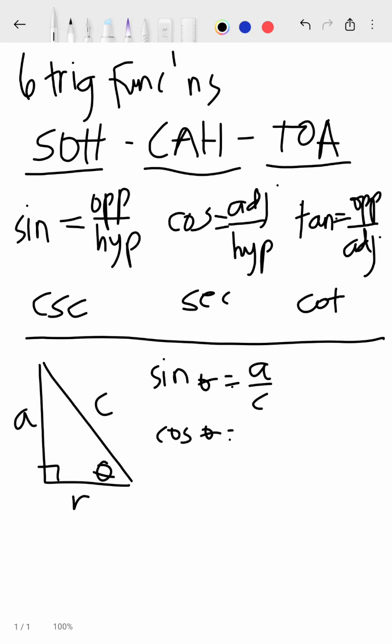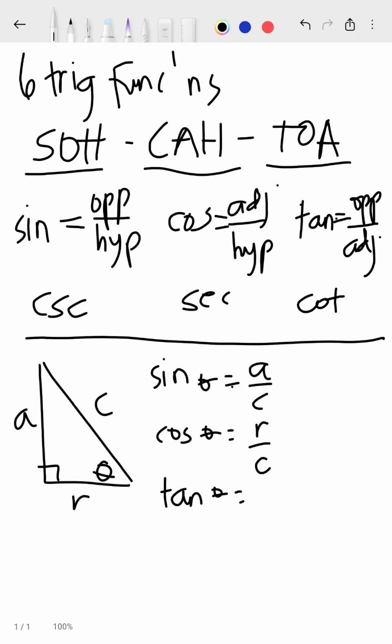Si cosine theta naman, ang magiging kasagutan natin sa kanya is adjacent over hypotenuse. Sino ang katabi ni theta? Si R. And then ang hypotenuse, si C. Very good.